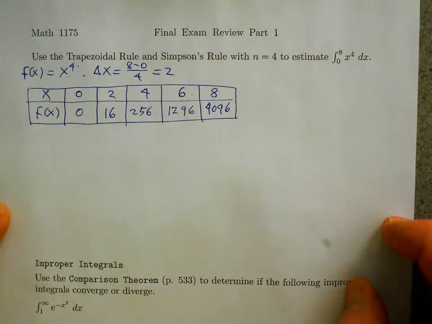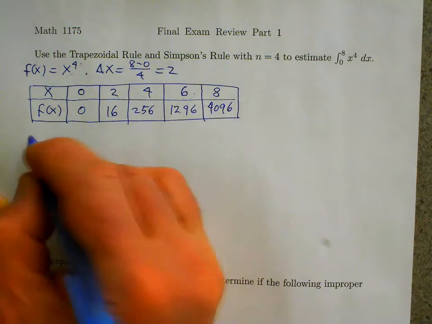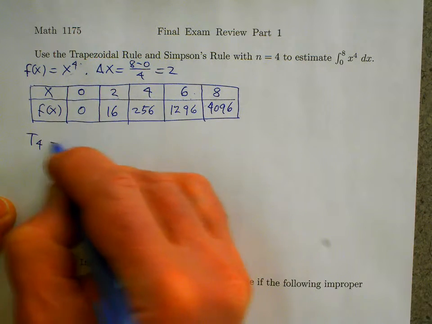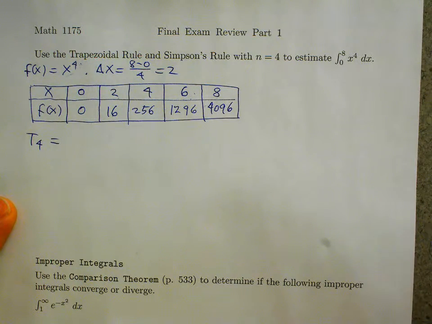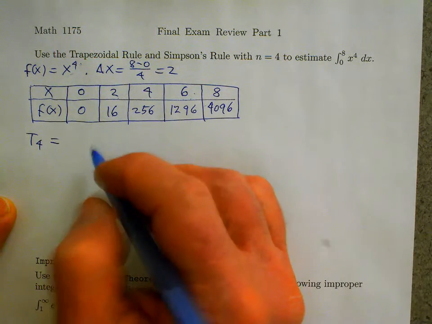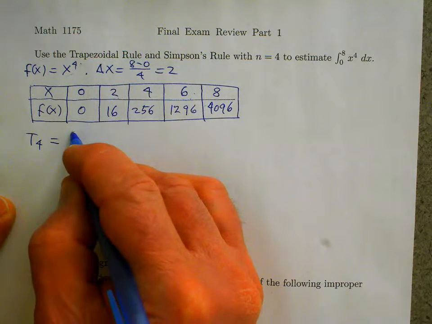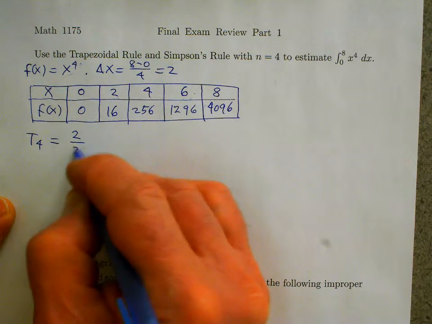Okay, then trapezoidal rule. T sub 4. So delta x over 2, 2 over 2.